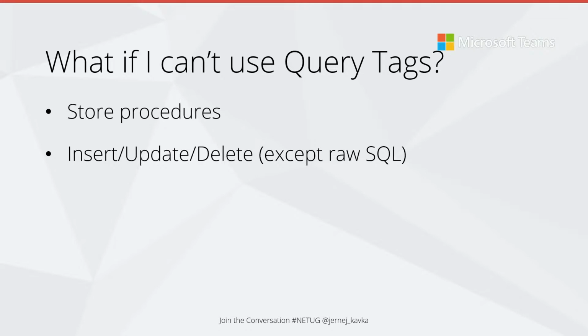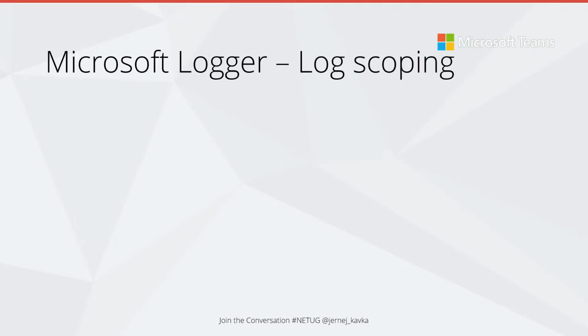And also on insert, update, delete, we cannot inject the query tags. However, if you have these issues, there's an alternative way to do this. Microsoft Logger is a built-in logger that you have in .NET Core for ASP.NET Core. You can use it in your console application, Blazor, even Blazor client side, funnily enough.